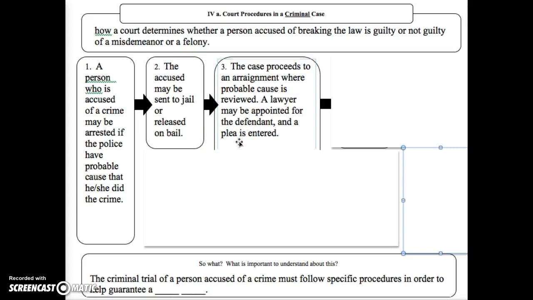So the arraignment is a hearing. It is between you, your lawyer, and the judge and the prosecution, and you talk about whether or not you want to proceed with the trial. If you want to continue, in most cases you make a plea of not guilty, and then you keep going with the other steps.